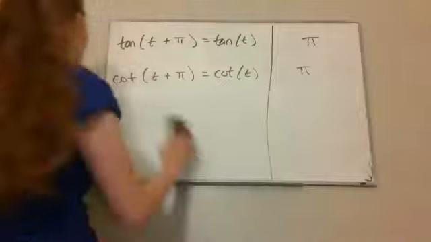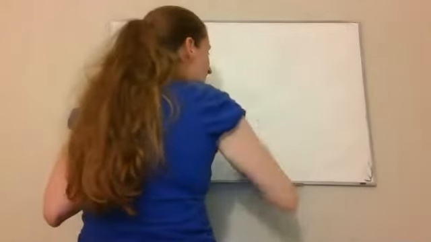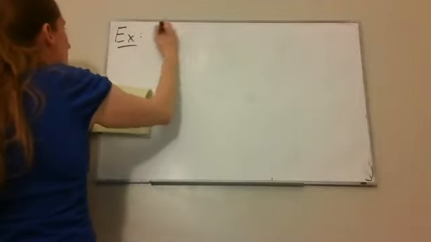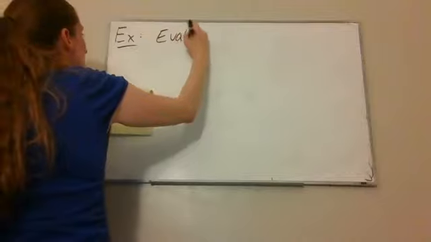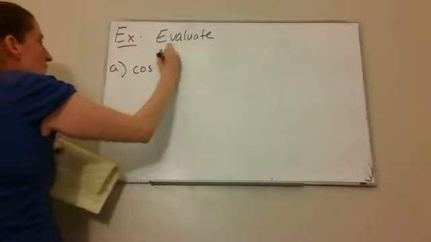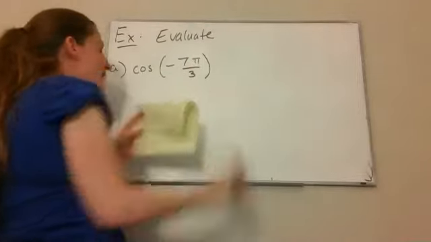Now, we can use the facts that we just wrote down, all those properties and knowing the periods of the trig functions, to evaluate trig functions. So for example, let's evaluate cosine of negative 7 pi over 3.